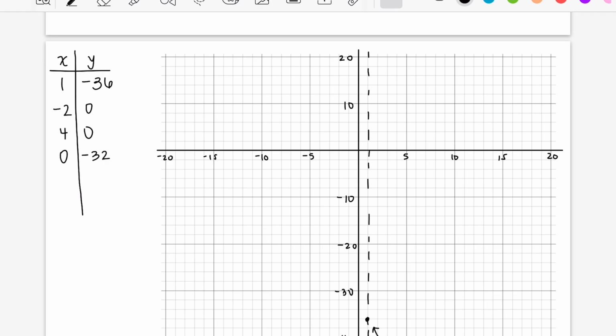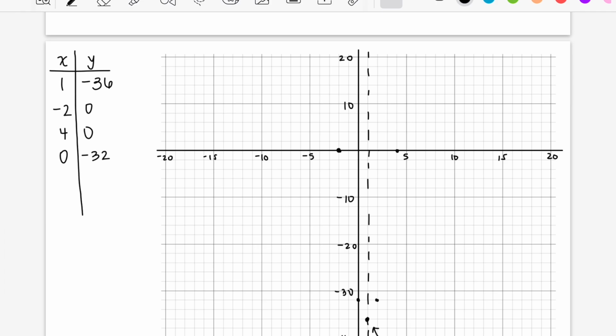We saw our x-intercepts were (-2, 0) and (4, 0) here. And then our y-intercept was (0, -32). So right about there. All right. So since this is our axis of symmetry here, this means we're also going to have a point here at (2, -32).